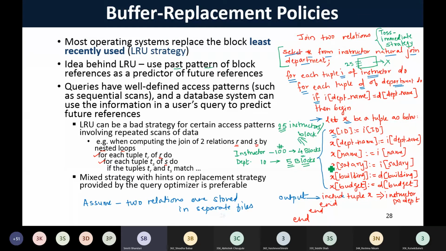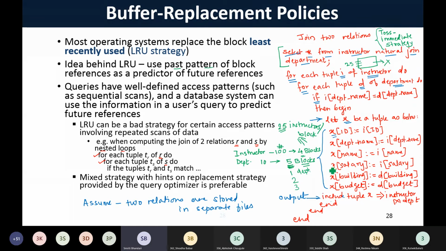So when processing of a department block is completed, we know that that block will not be accessed again until all other blocks have been processed. What does this mean? Whenever for every tuple, my system starts matching the tuples of the department relation, as I have 5 blocks, what will our system do? The first block of the department table will be checked first, then the second block, then the third block, and so on.